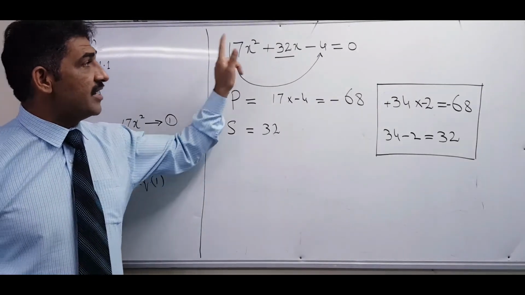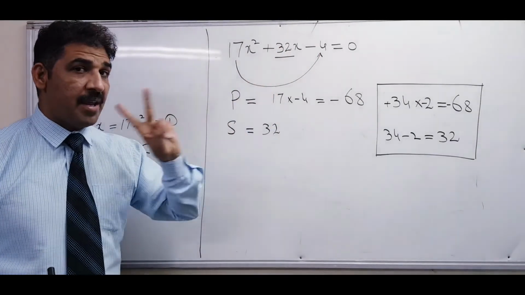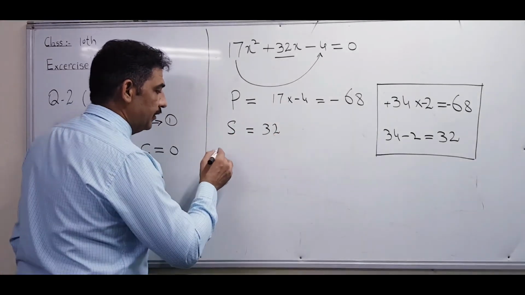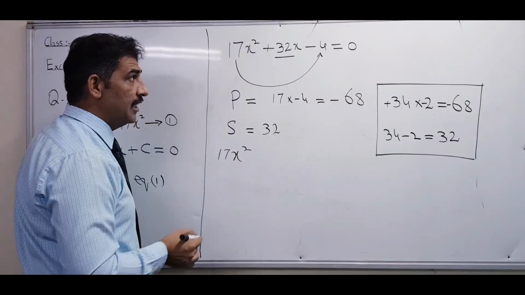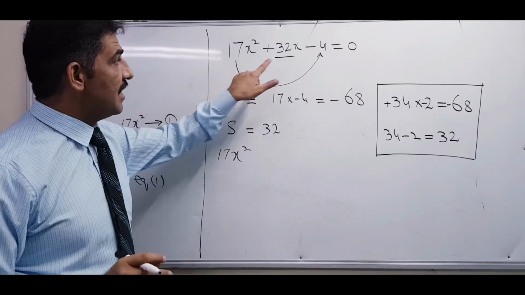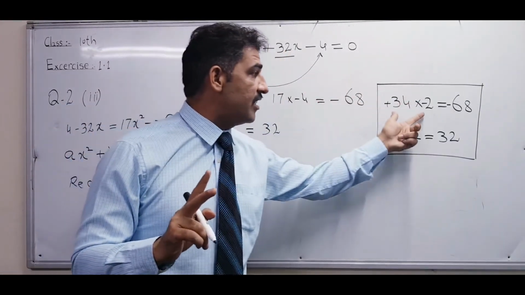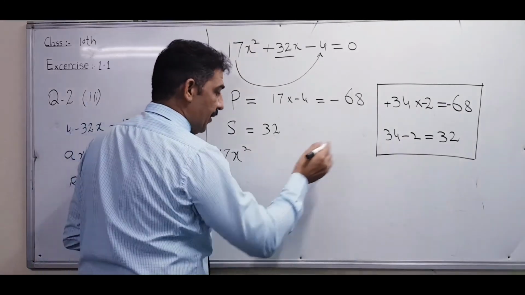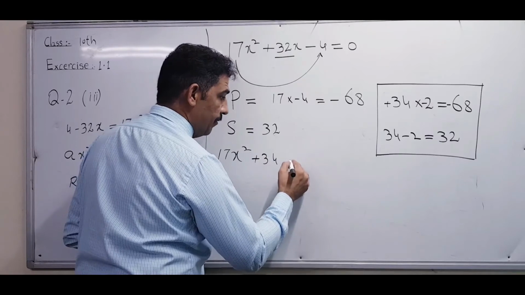Now the first and the last term will remain the same and the second term we make into two parts, its two factors. The first term is 17x square, the same. As I told you before, the second term is split into two parts. Which are the two parts? Plus 34 and minus 2.